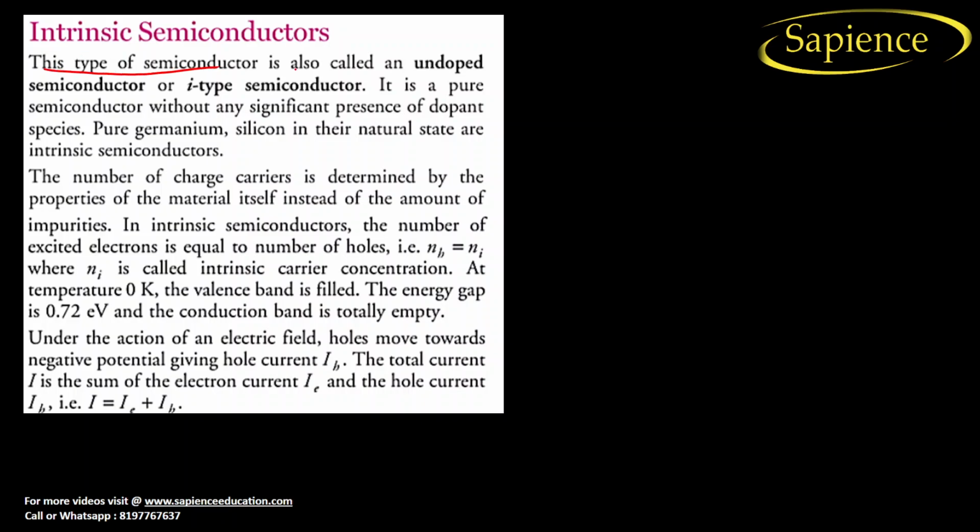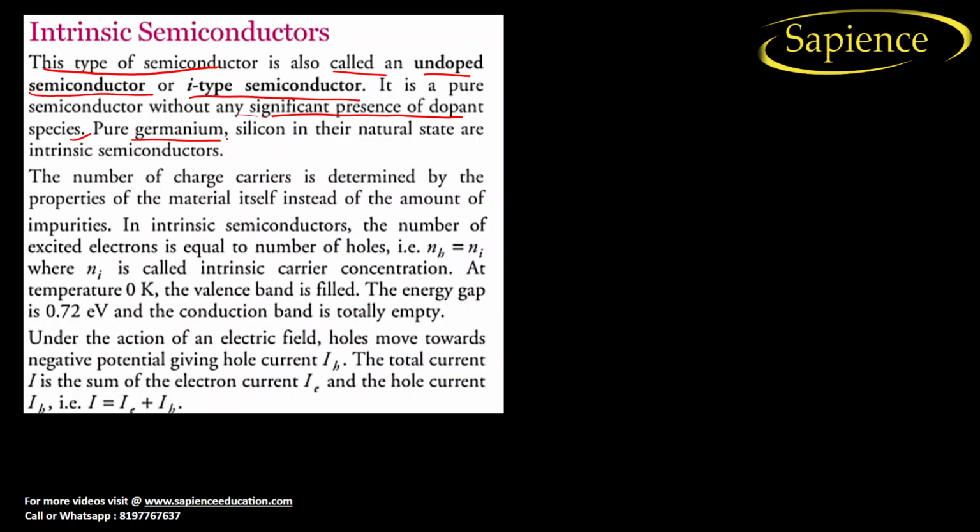This type of semiconductor is called undoped. Undoped means no external material is mixed, right? So this is called an undoped semiconductor or I-type semiconductor. It is a pure semiconductor without any significant presence of dopant species.